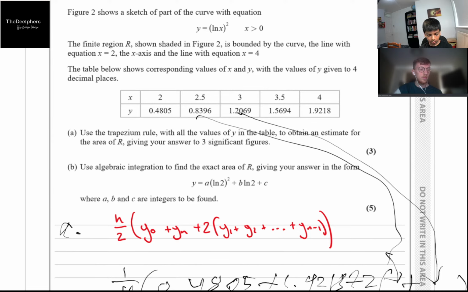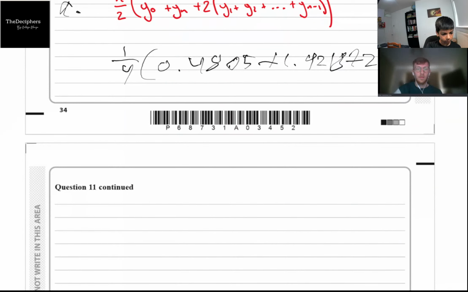That's about 2.41. Brilliant, yeah, three significant figures, 2.41, fantastic.